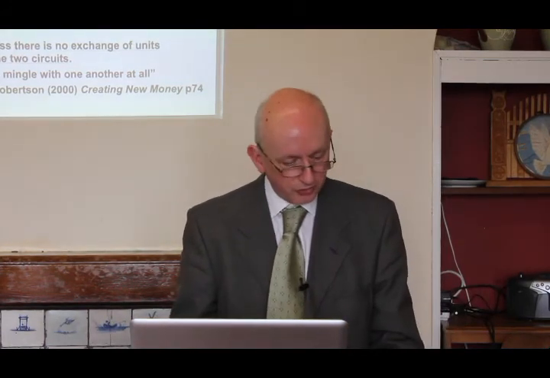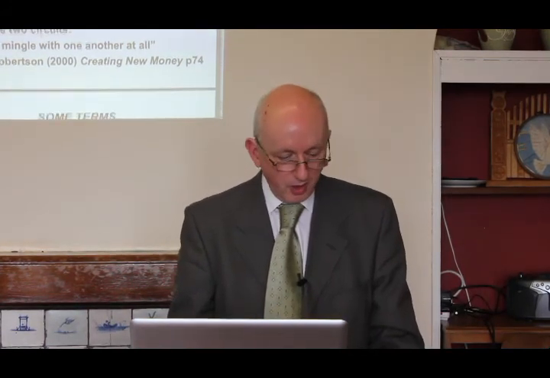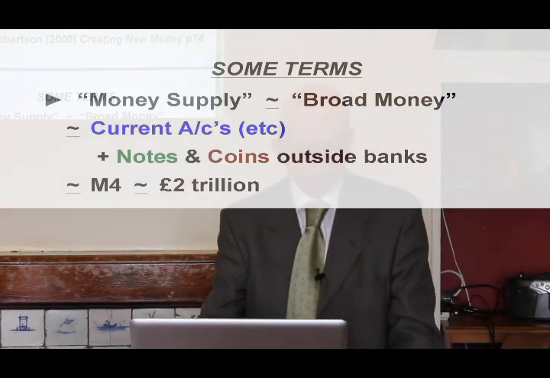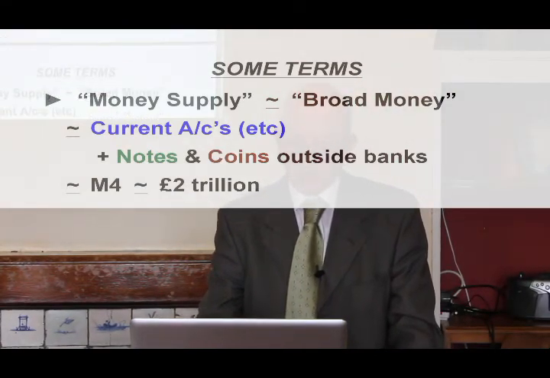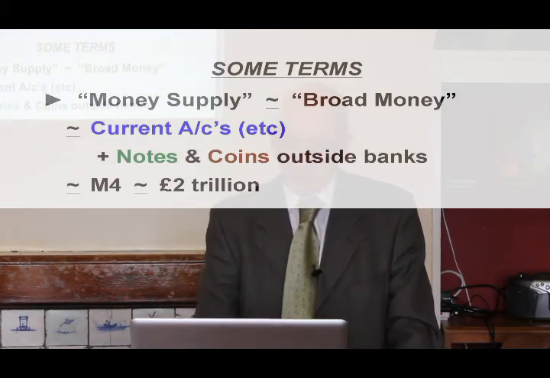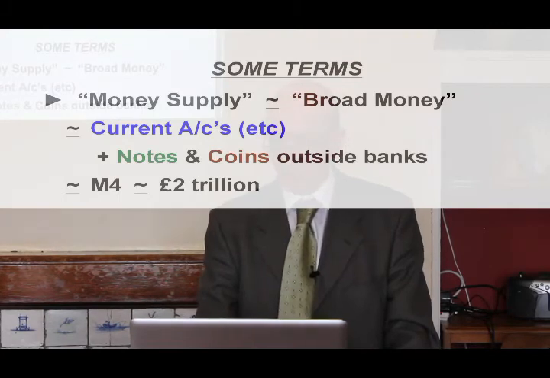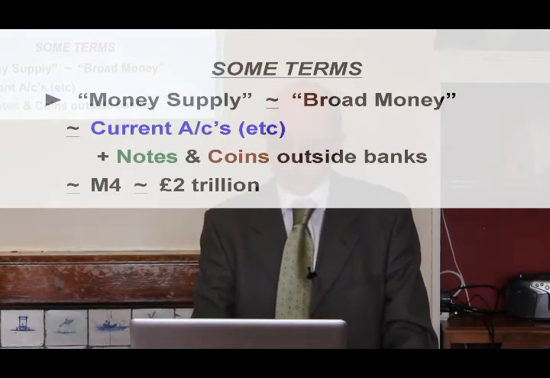Now, I'm just going to go through one or two terms now. The money supply is one of the forms of what's called broad money, which comprises the money in current accounts plus the notes and coins that are in circulation outside the banks.